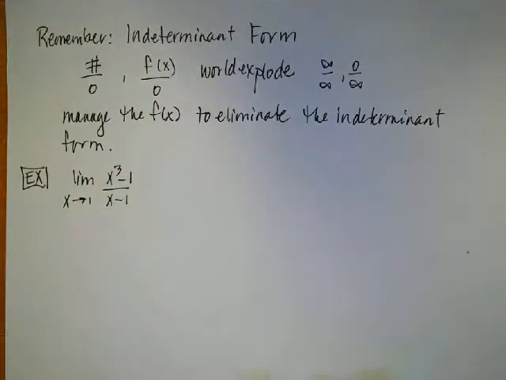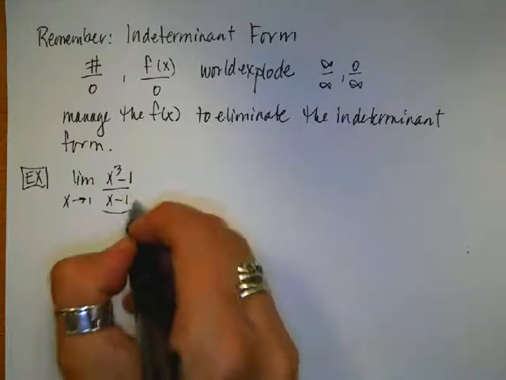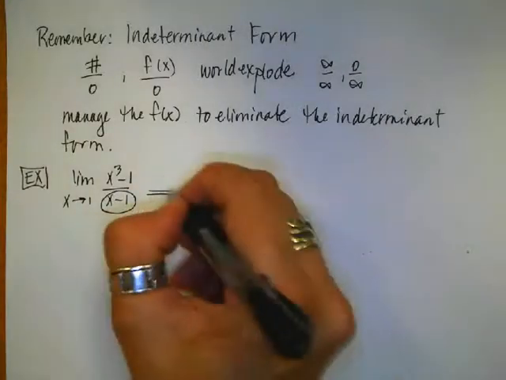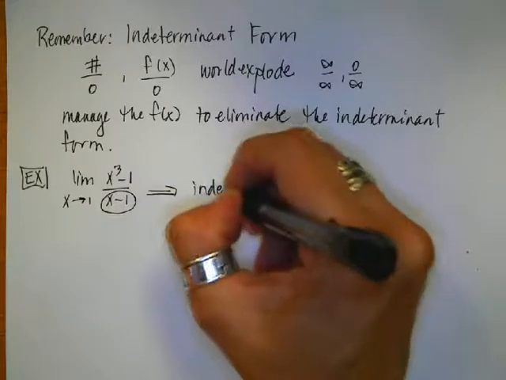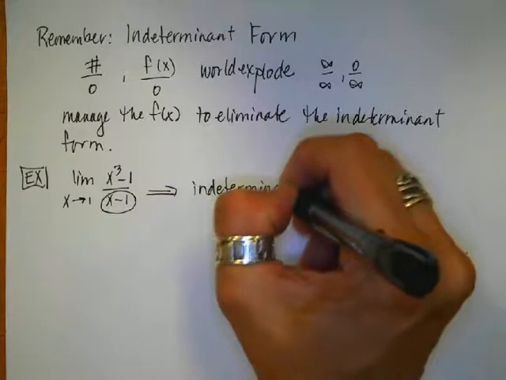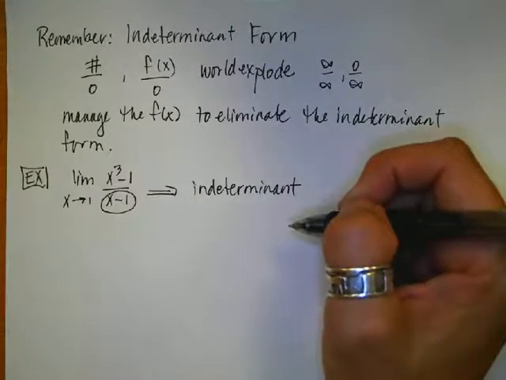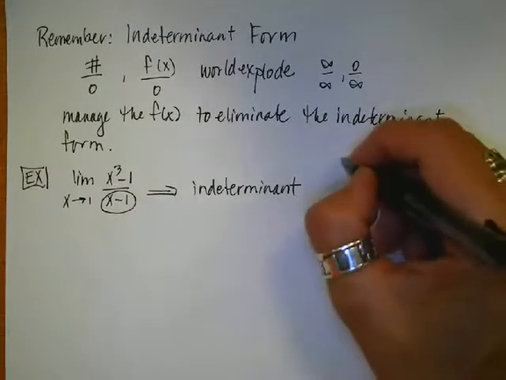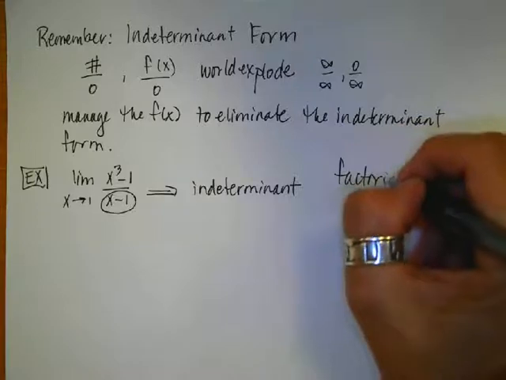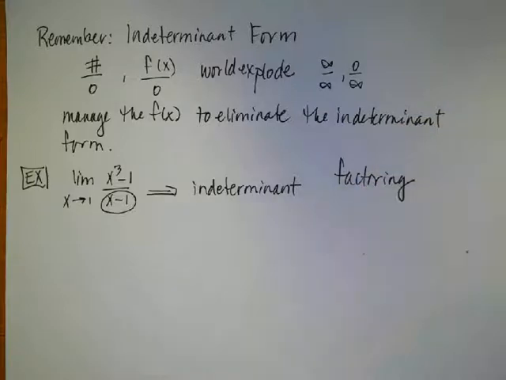Remember, the goal is to eliminate that indeterminate form, and we often do that by factoring. Factoring is our favorite F word, and it allows us to cancel numerator and denominator factors, and then I have eliminated the indeterminate form, and then I can do direct substitution.